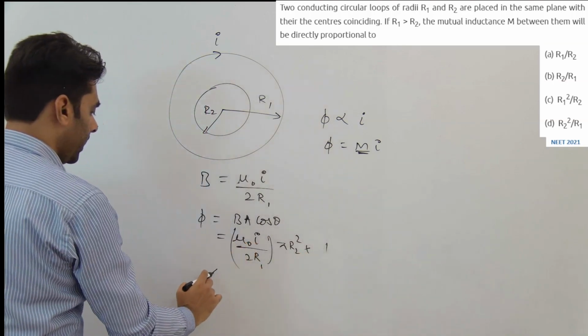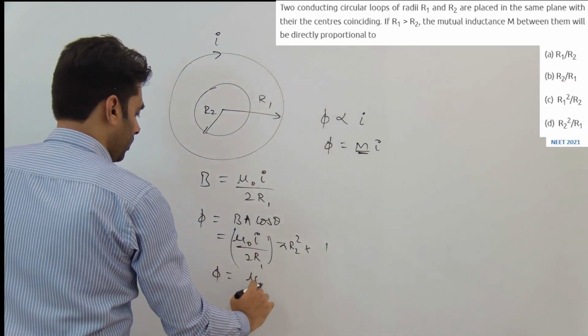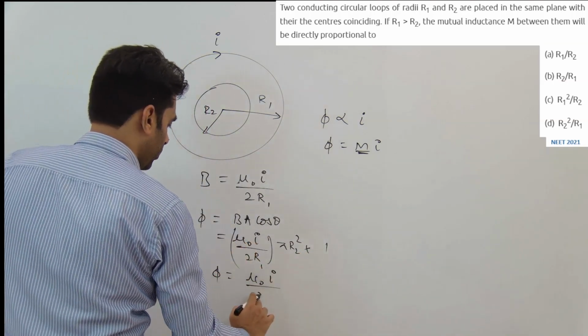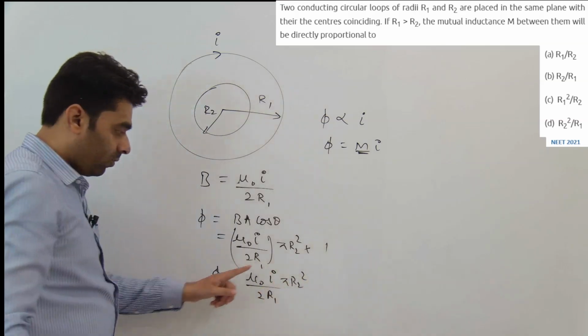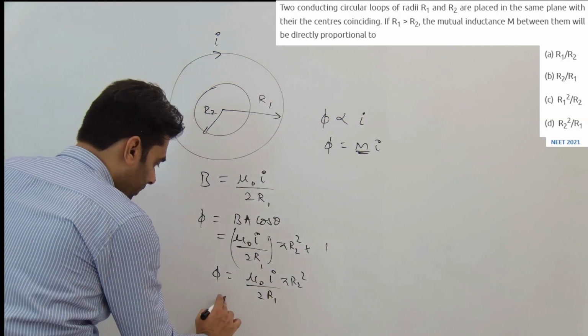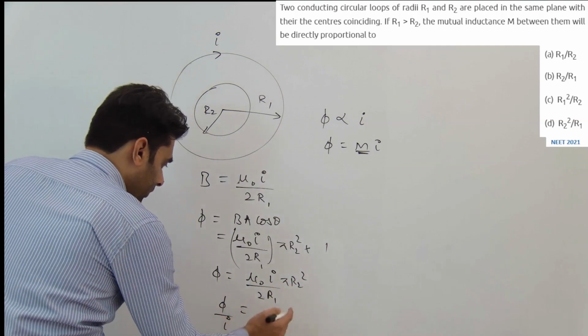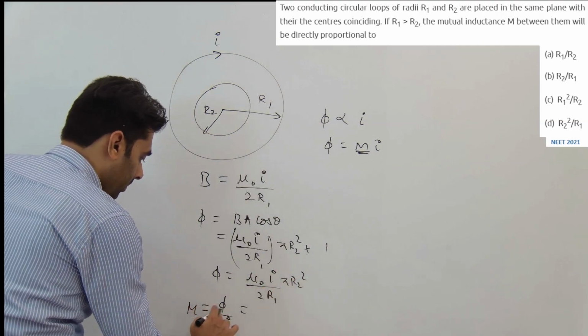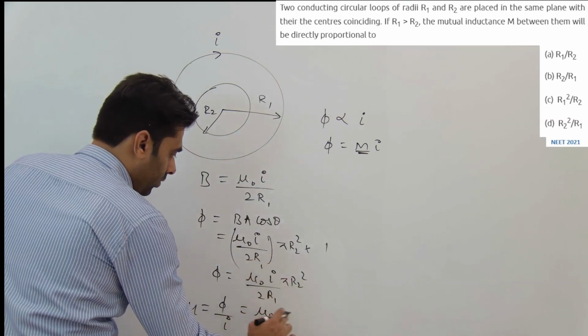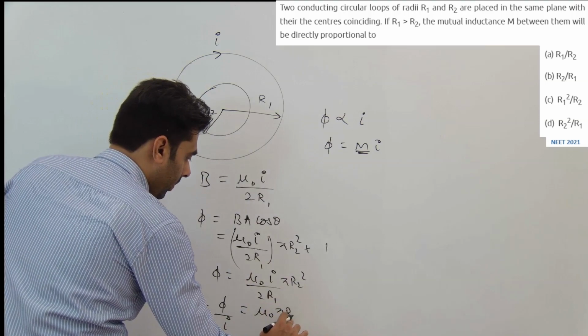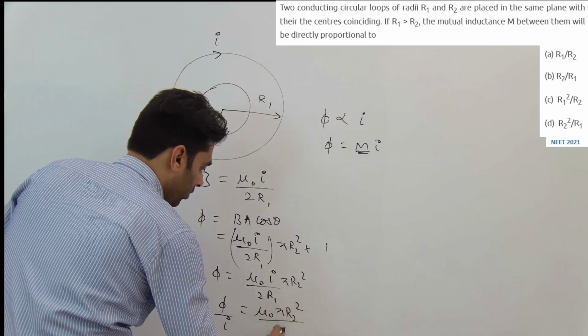So Φ = μ0 I by 2r1 times πr2². Now Φ by I, that is flux by current, is the constant M, the mutual inductance, and if you see carefully it comes out as μ0 π r2² by 2r1.